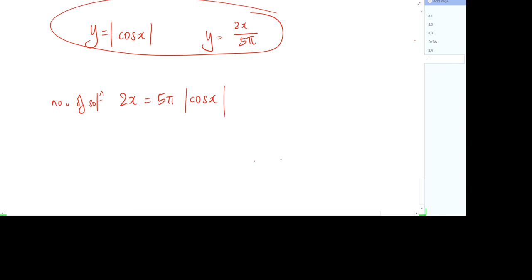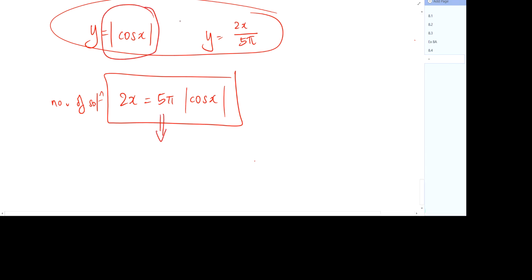The reason is because I can manipulate this equation to what I currently have, the graphs I currently have. So you don't have to draw the graphs again. Can I form modulus cosine x by itself? Can, right? So I've got modulus cosine x equals 2x over 5 pi.